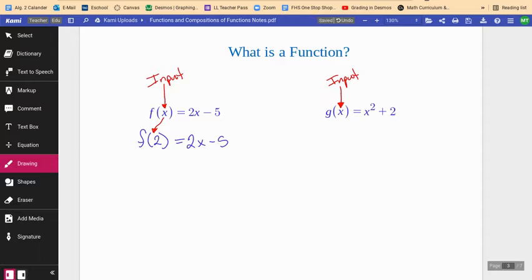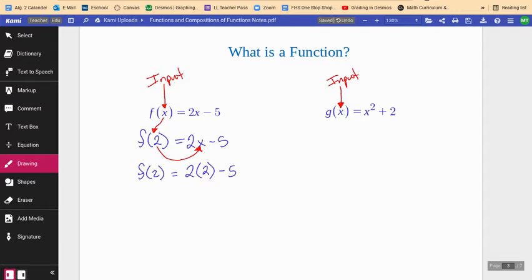It's telling me that is the value I need to put into my equation as the x variable. Okay, so when I do that, I know that f of 2 is going to equal 2 times 2 minus 5. So again, the input value inside the parentheses, we replace every x in that equation with.